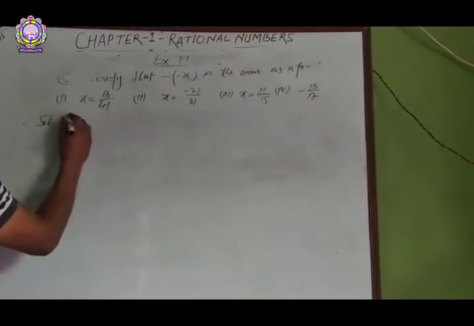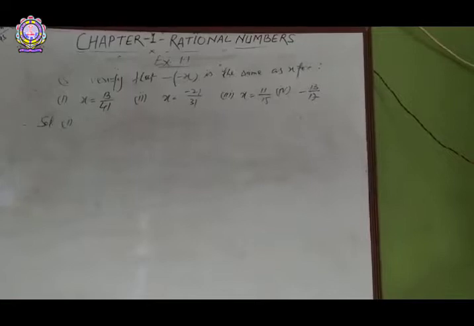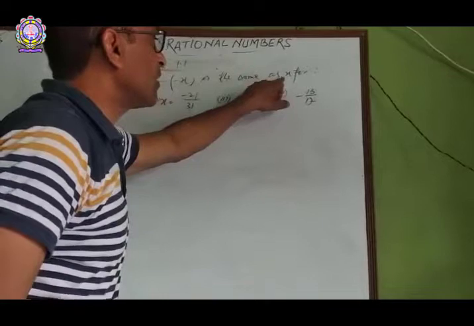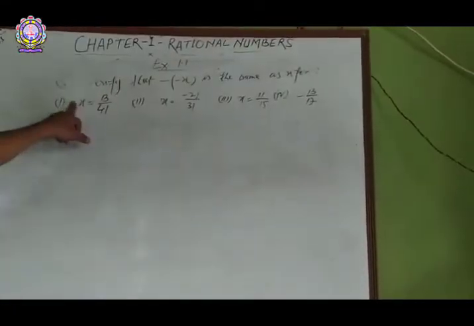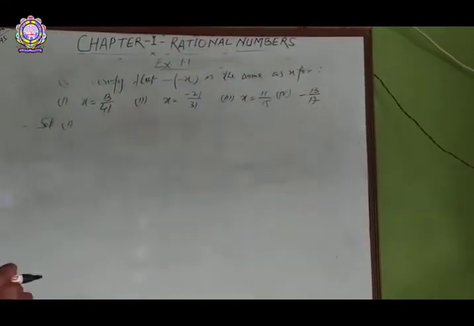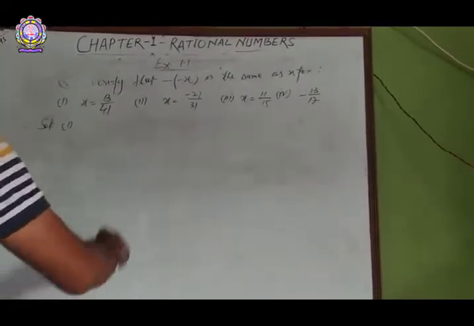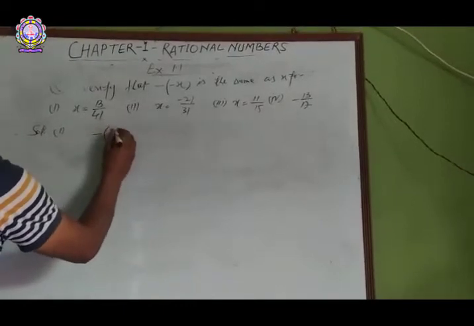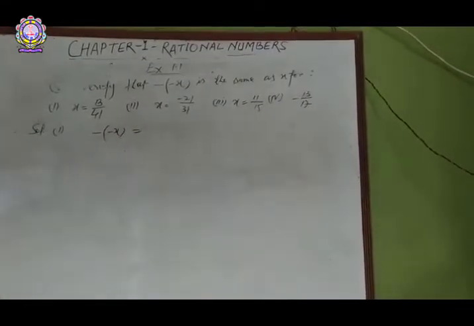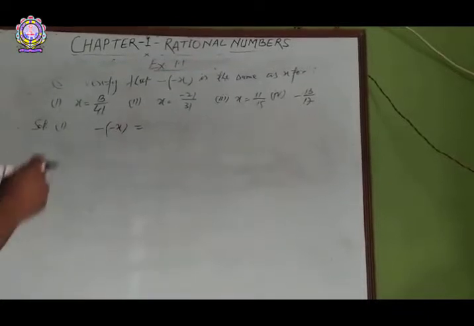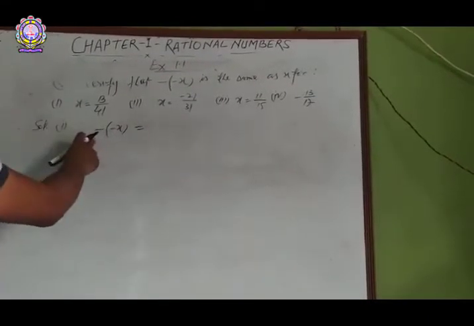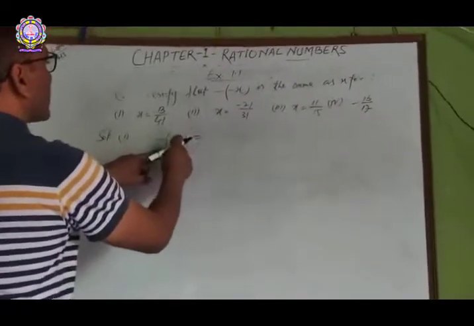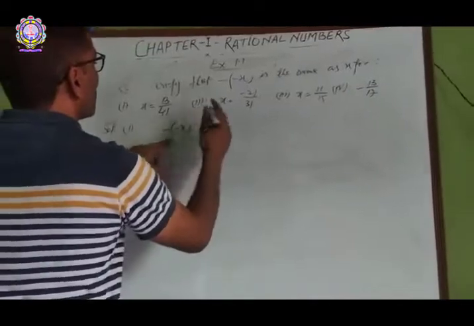Solution. Part first, we have to verify that minus of minus x is the same as x for the value of x equal to 13 upon 41. To solve this question, we have to solve first minus of minus x. Put the value of x in this expression.